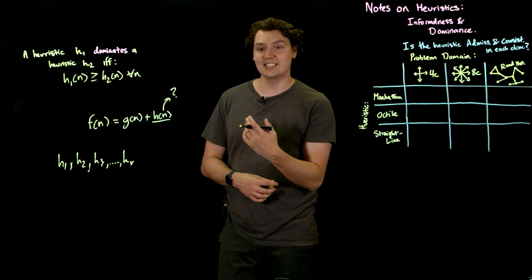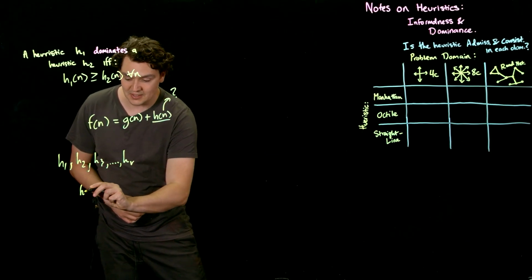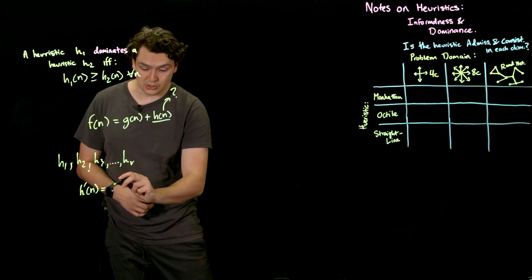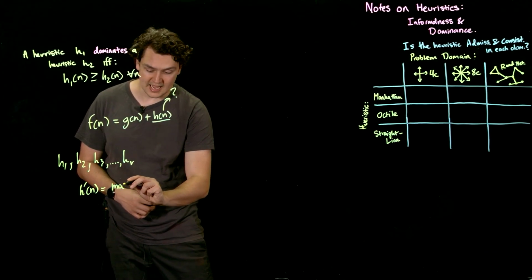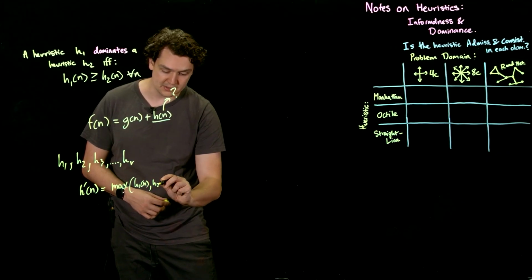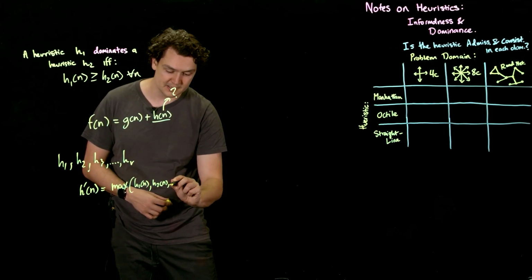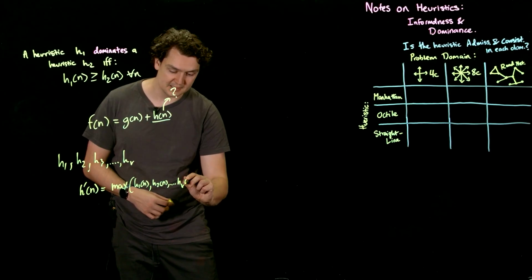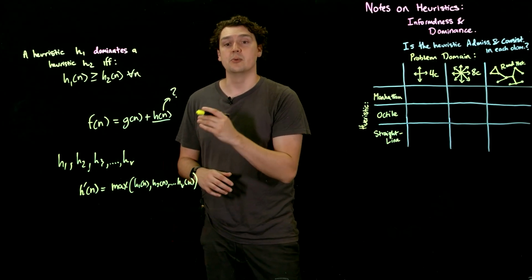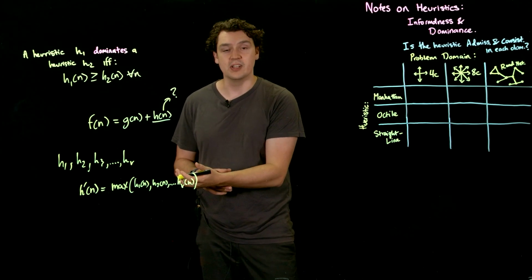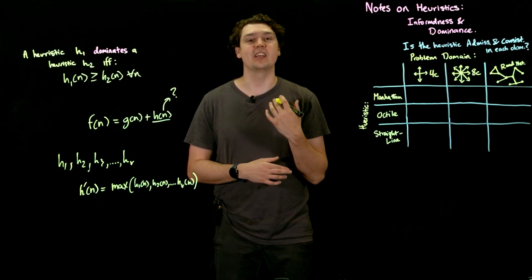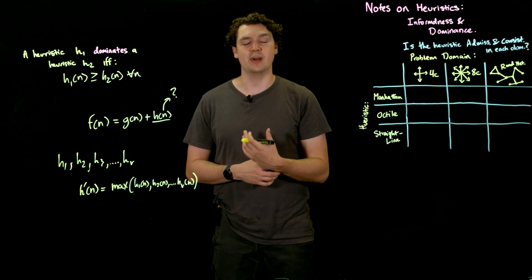Well, it's actually as easy as if I define some meta-heuristic, h prime of n, equal to the max of h1 of n, h2 of n, up to hV of n. I can simply max over them. We know that what we're looking for in a heuristic is to provide us with the best estimate. So let's think about what that means mathematically.